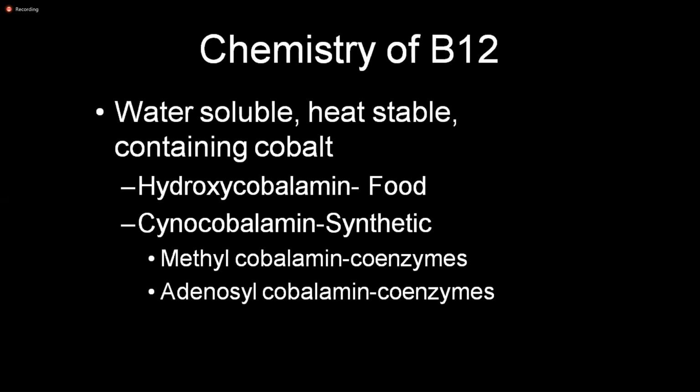Folic acid that we call is actually a synthetic form. Folate is the natural form. Hydroxycobalamin is a natural form, whereas cyanocobalamin is a synthetic form, which we regularly refer to as vitamin B12.